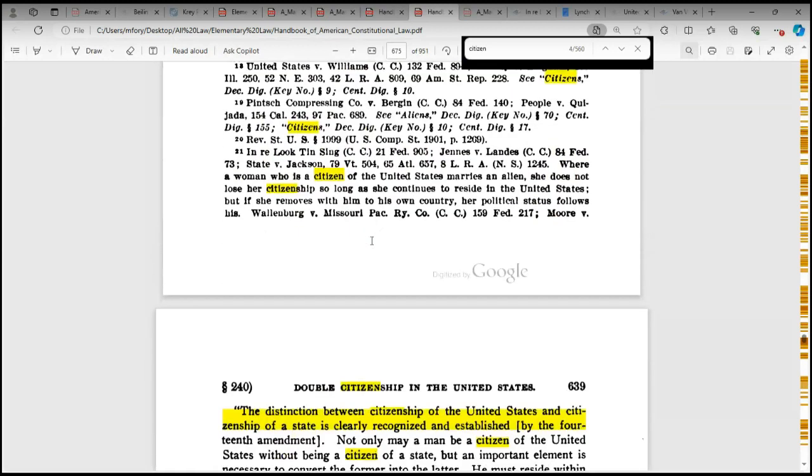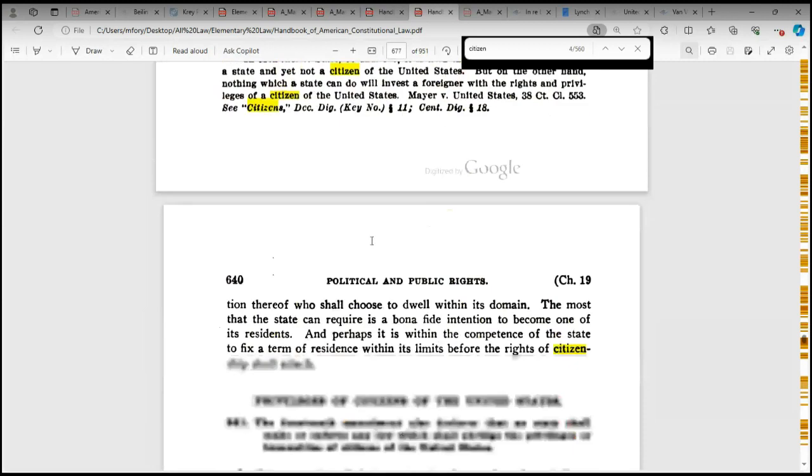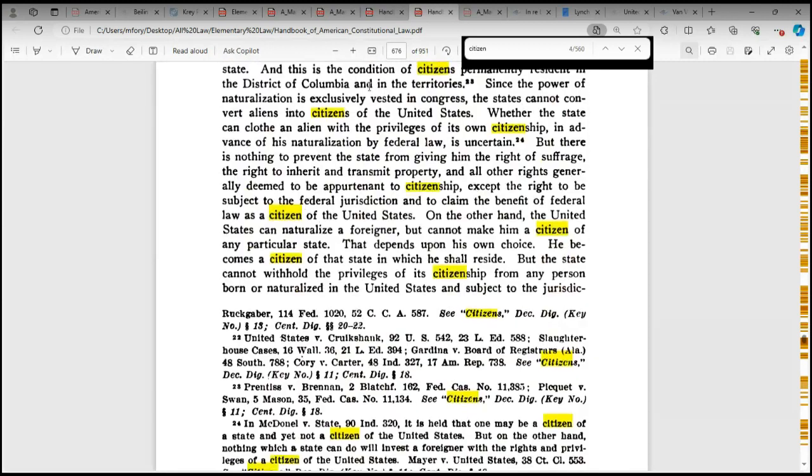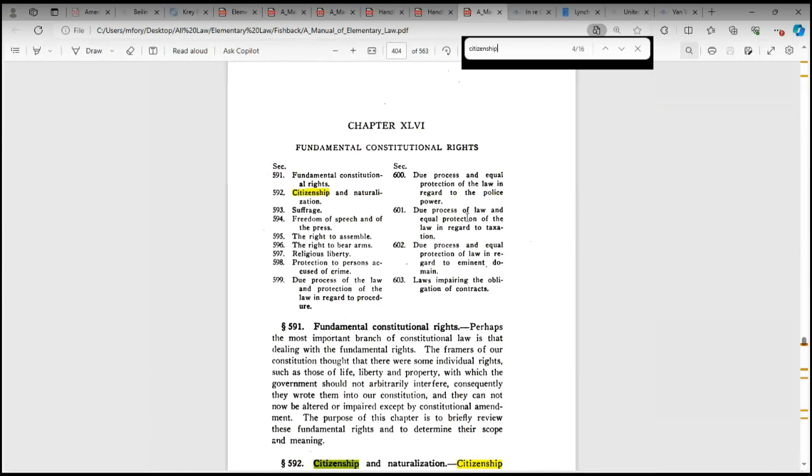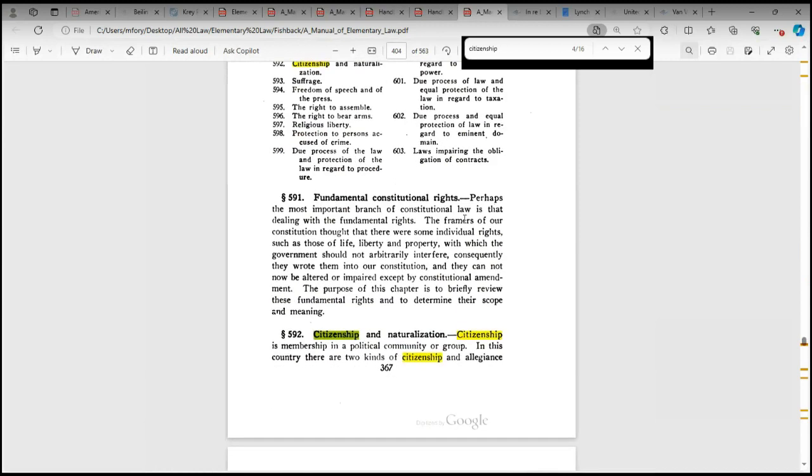Double scissor, that's the same stuff that we read a little bit ago. All right, so that's the same. So this is the 1915 one, the last PDF. Section 591, Fundamental Constitutional Rights. Perhaps the most important branch of constitutional law is that dealing with the fundamental rights.